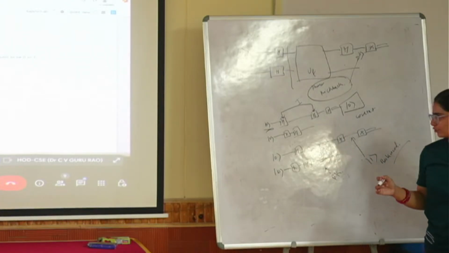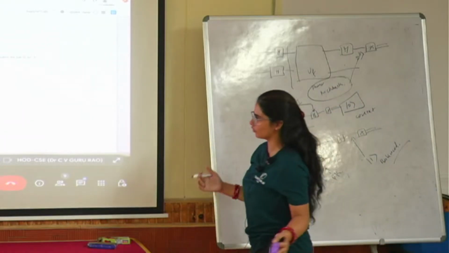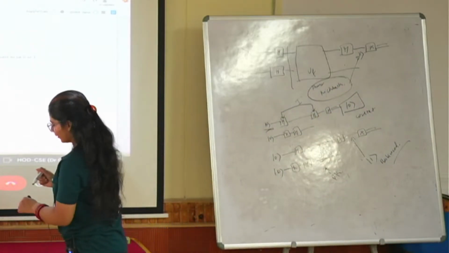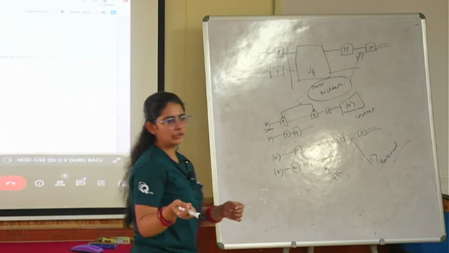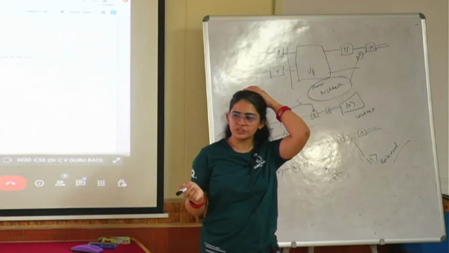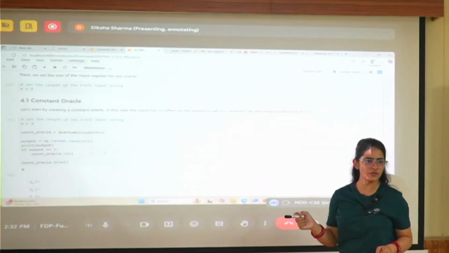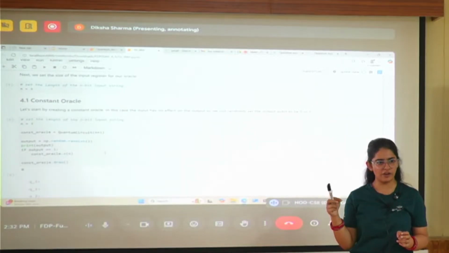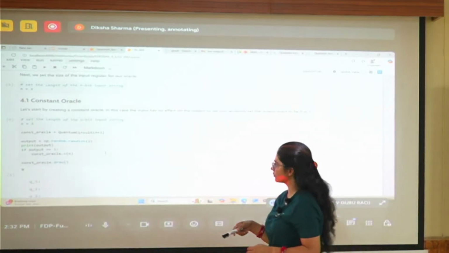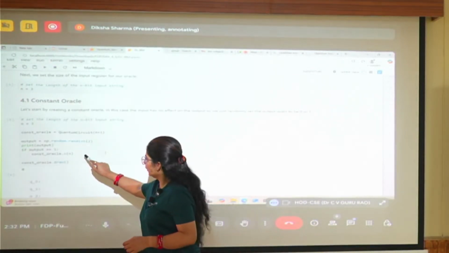We do not have to bother about any vast programming here. What I am doing is creating a random integer, any value that I want to check: if I provide that value to a function, whether it gives me a constant or a balanced case.